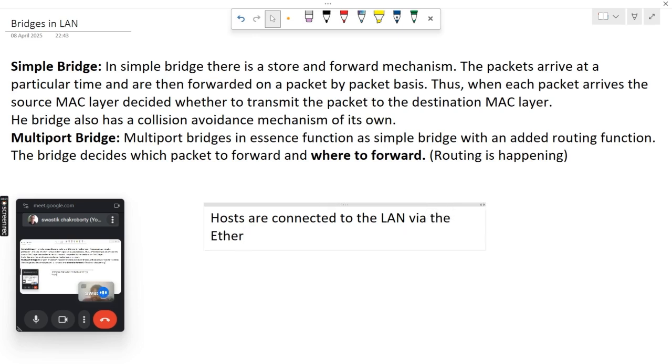The job of the Ethernet hub is to connect the hosts to the LAN.